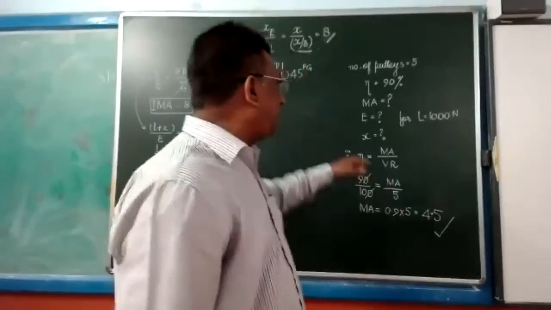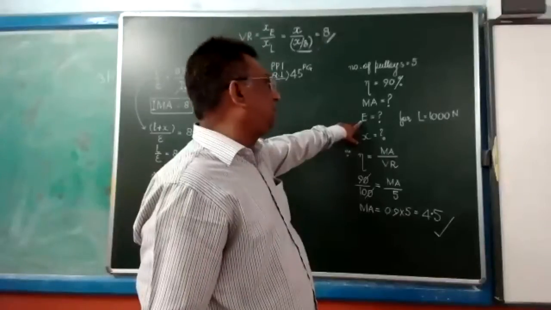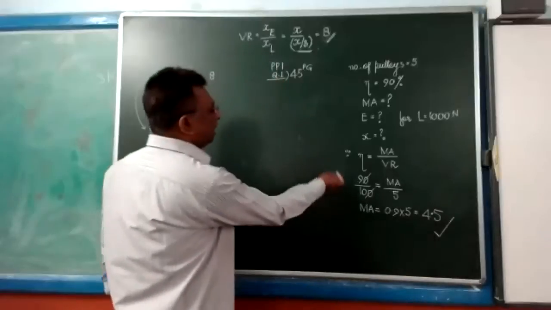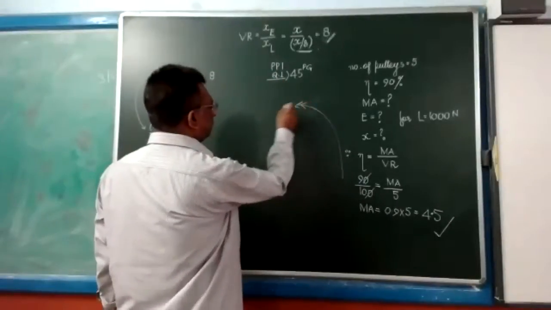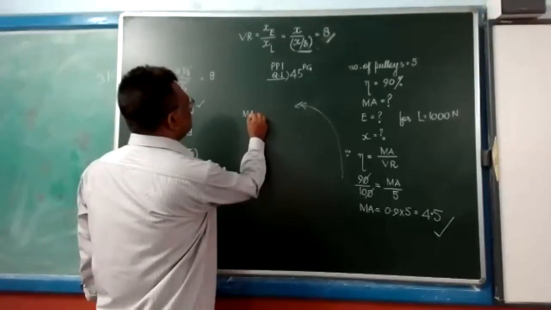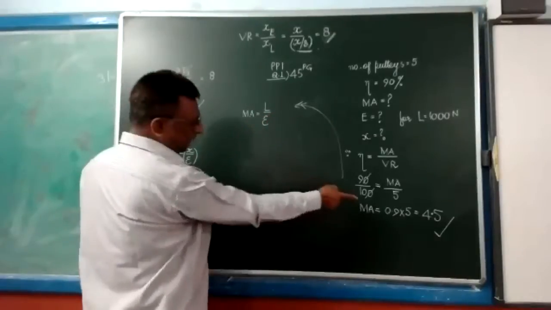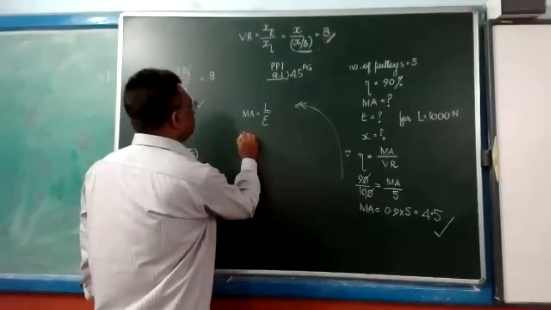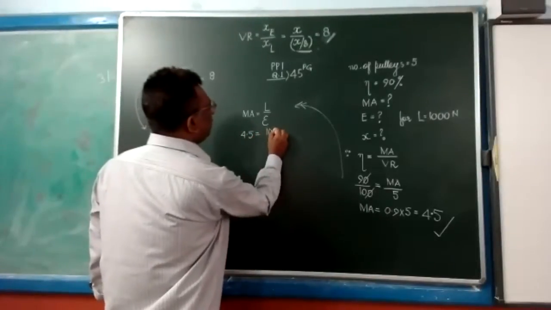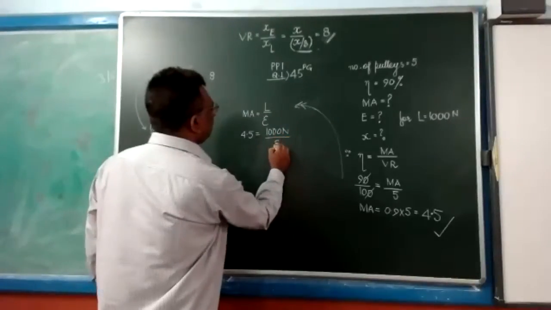And what is the second part? Effort. What is the value of effort required to lift a load of 1000 Newton? Second part, mechanical advantage equal to load upon effort. The mechanical advantage value is put here. L is 1000 Newton divided by E, effort.